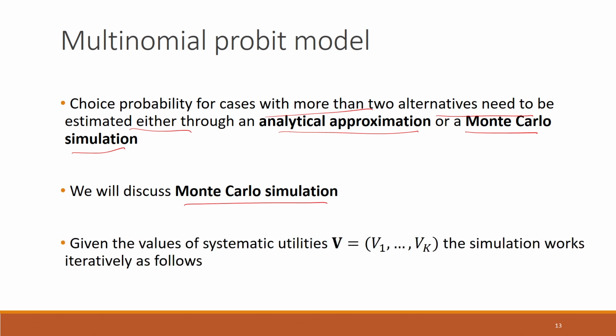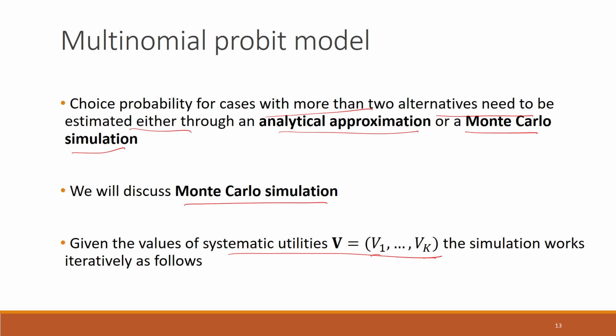Suppose we have to determine the probabilities of choosing these different alternatives, and suppose we have more than two alternatives. What we know is that we have the values of the systematic utilities, the measured or deterministic components of these k alternatives, which are already known: v1, v2 till vk.